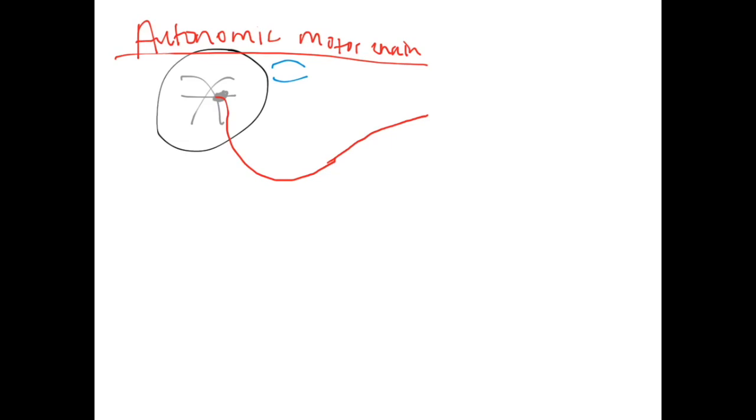So we're going to finally take a look at a new ganglion. This is an autonomic ganglion. I'm going to draw it just like that, and it's going to have a bunch of cell bodies. These cell bodies are going to extend past the ganglion, and they're going to go to an effector organ. In this case, let's say that we're going to do the heart.